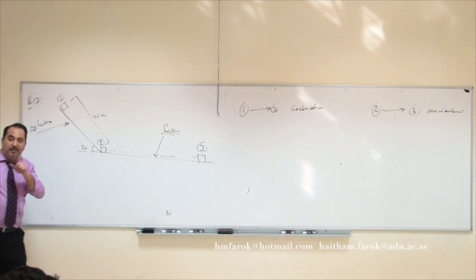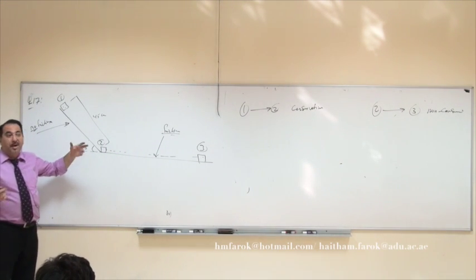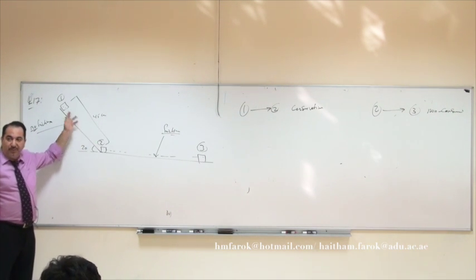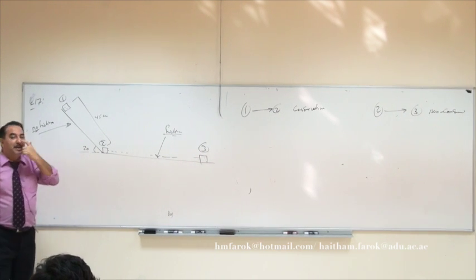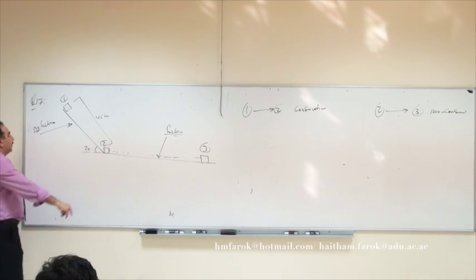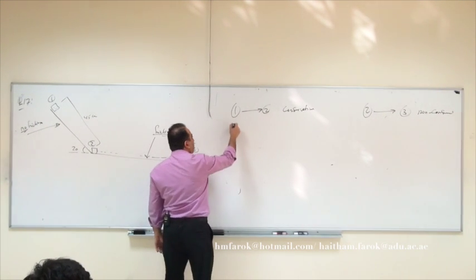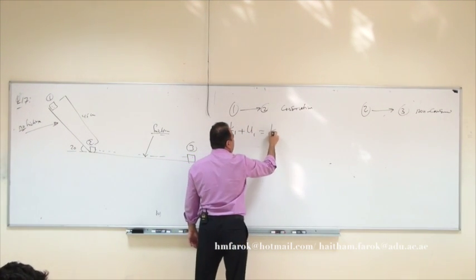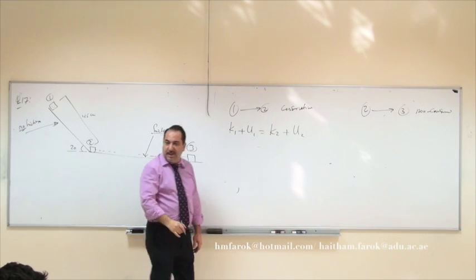If you remember, before, when you had an object on a slope, it was hard to find the speed because you used F net, forces, all this. Now we use the concept of energy. From 1 to 2, you said conservative. So what do I say? Kinetic at 1 plus potential at 1 must equal kinetic at 2 plus potential at 2.